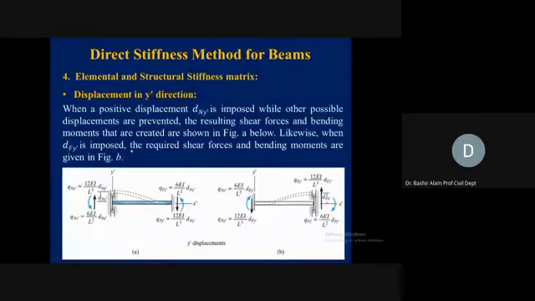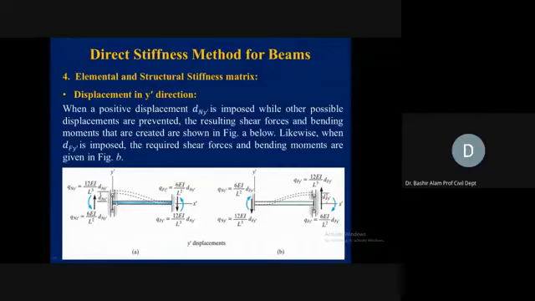So now here you can see displacement in the Y direction. First, we give a unit displacement along the Y axis. When a positive displacement D and Y prime, here you can see D and Y prime at the near end, we allow it, and you can give it by providing a roller guide here, so you can move it in the up-down direction.